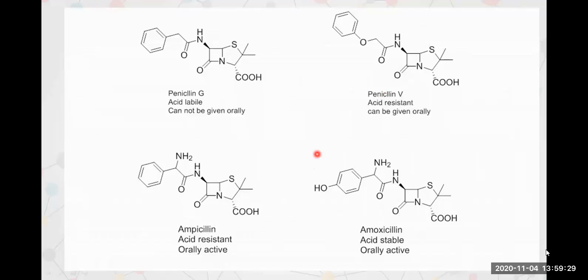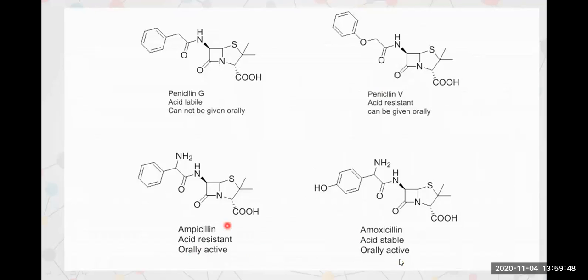Another example is ampicillin. Okay, these are all compounds which are stable in the acidic environment.